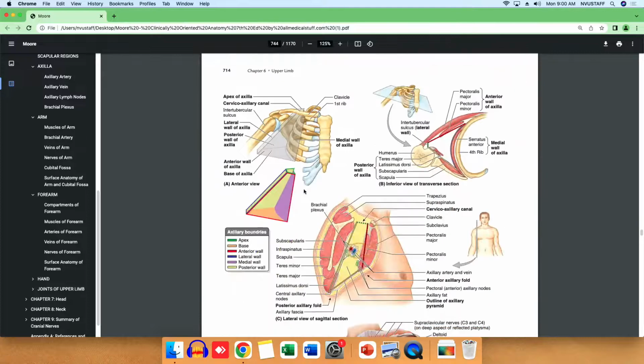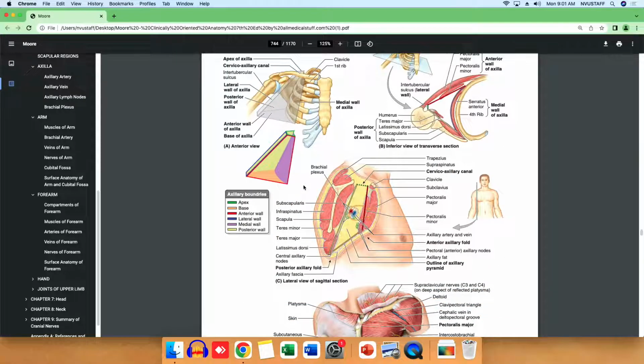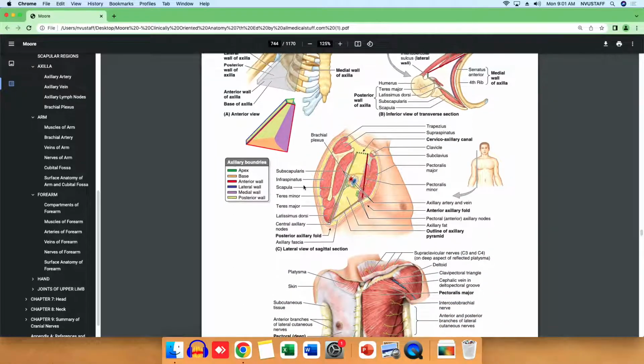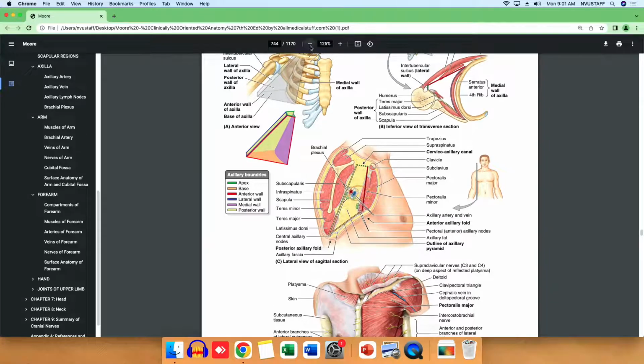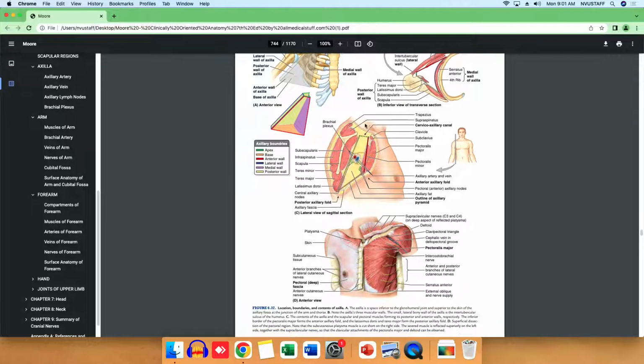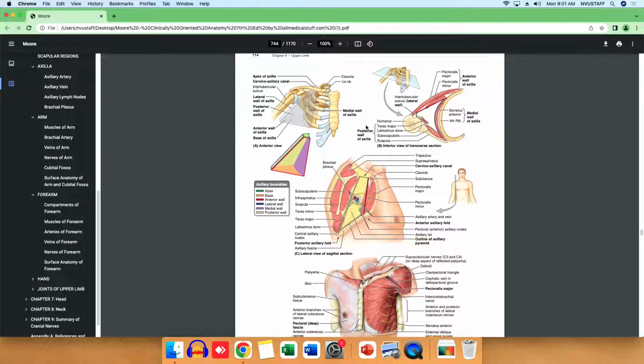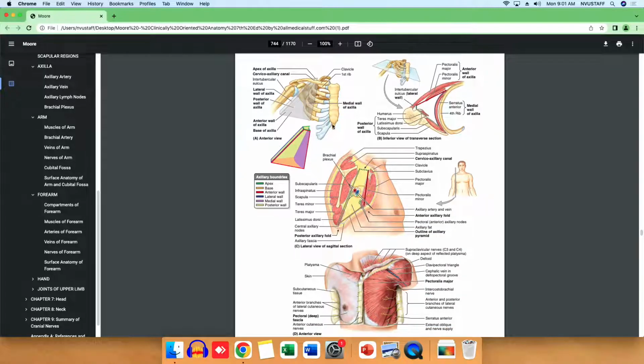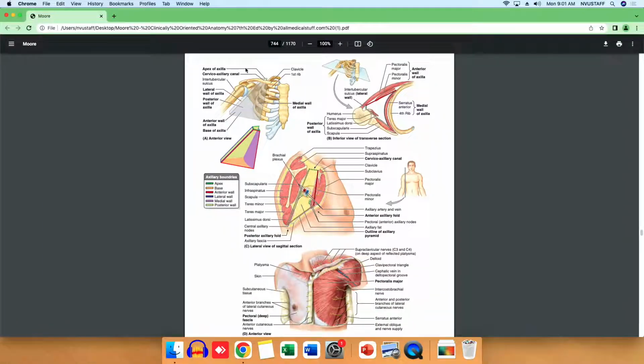Well, let's start first with a portion of the axilla, where you can find the very first picture associated with different structures. You can see picture A, which shows you the schematical representation of the region known as axilla.